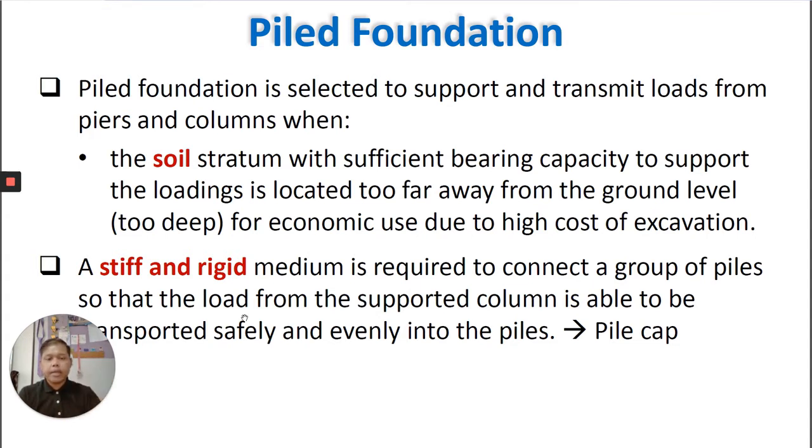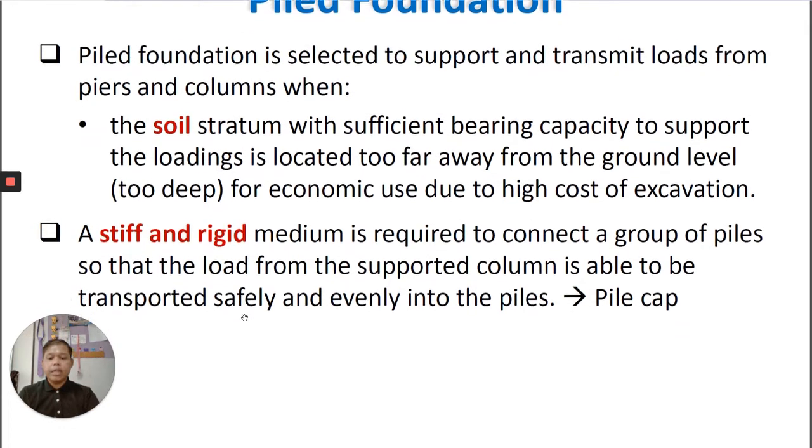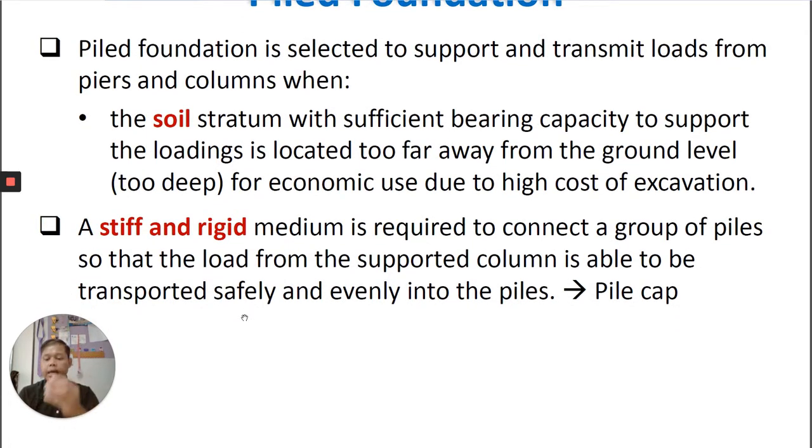We penetrate the pile either using a jacking system, injection system, or hammer system until it is set to the end bearing. So a stiff and rigid medium is required to connect a group of piles so that the load from the supported column is able to be transported safely and evenly into the piles. This element to transport the load from the supported column to the piles is called a pile cap.